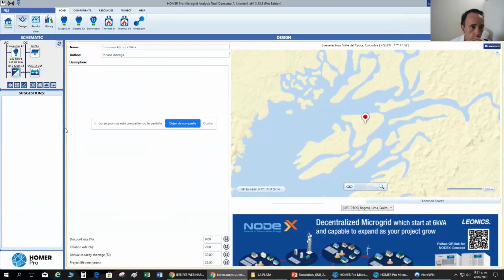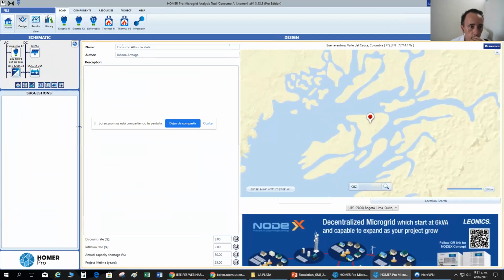This is the software, the licensed software. I guess it has most of the blocks and icons and the diagrams that you could see on your download software.